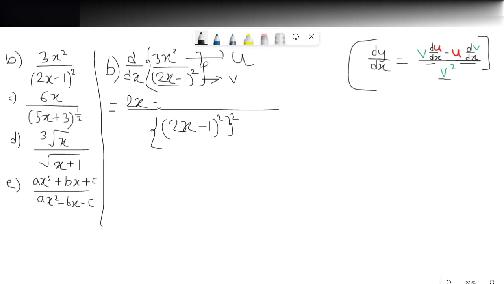At the top you have v multiplied by the derivative of u, which is 3x squared here, subtracted by u, which is 3x squared, multiplied with the derivative of v, which is 2x minus 1 whole square.